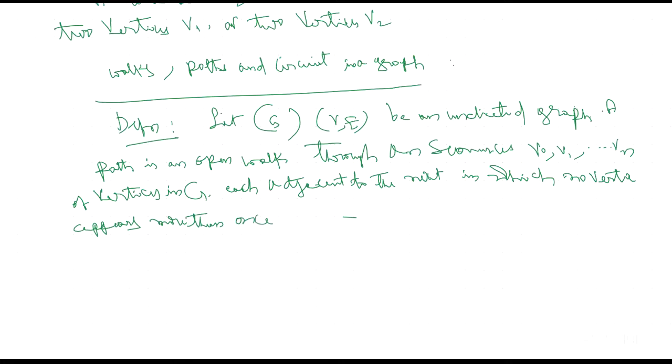In other words, a path does not intersect itself. Such a path is known as an elementary path. The number of edges in a path is called its length.